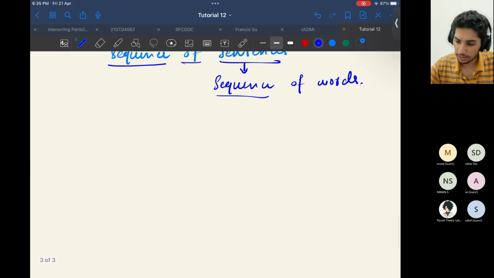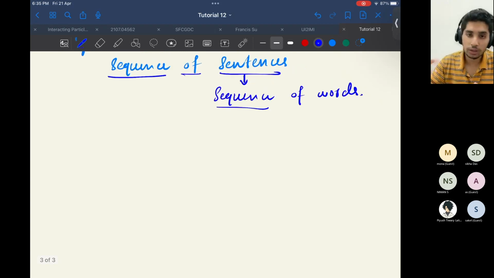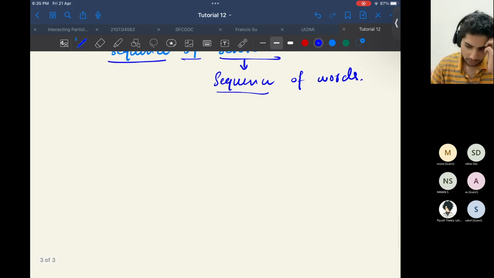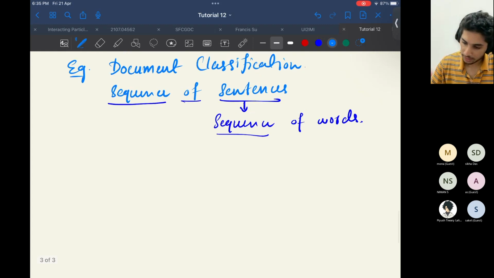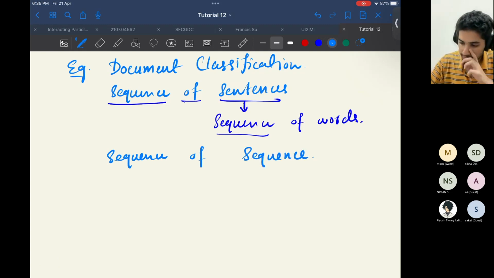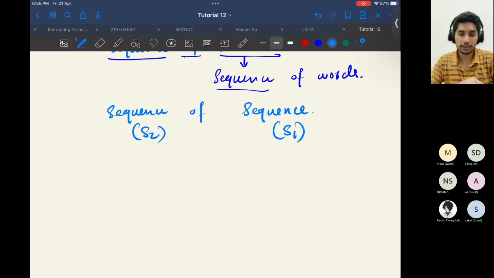What does it do? The way to deal with this is as follows. There are two RNNs that play here. Let's say there are two sequences, S1 and S2.